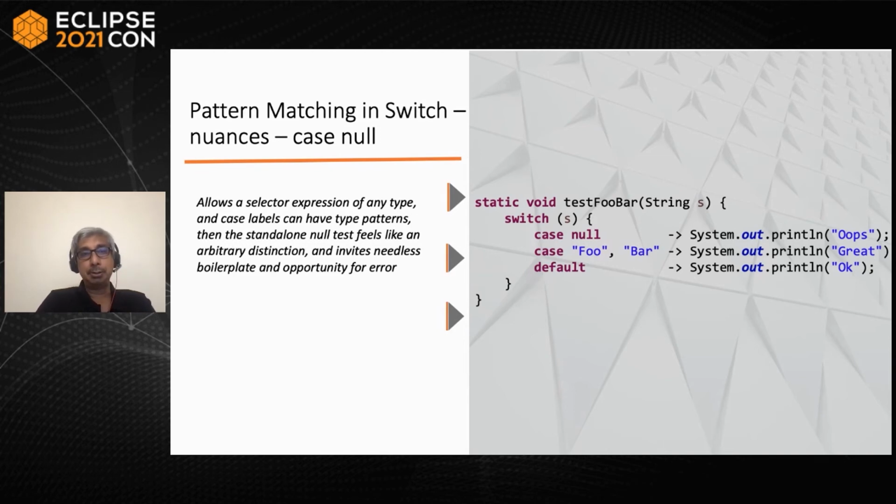Now let's get into a little bit of nuances of switch. If the switch allows a selector expression of any type, the case labels can have type patterns. Then the standalone null test is also a distinction because the type can become null. So there is a provision for having a case null, which is something introduced in 17.